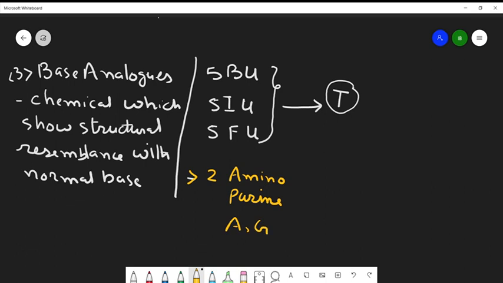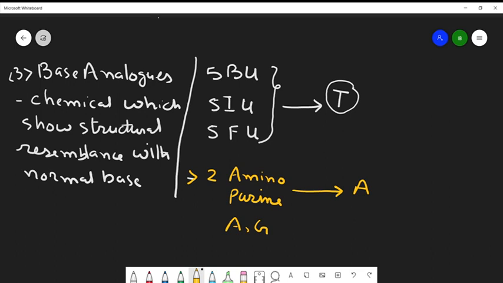So 2-aminopurine resembles the normal nitrogenous base adenine. If the adenine analogue 2-aminopurine is incorporated in the DNA, that will again lead to transition type of mutations. So this was about the third type of chemical mutagen, the base analogues.